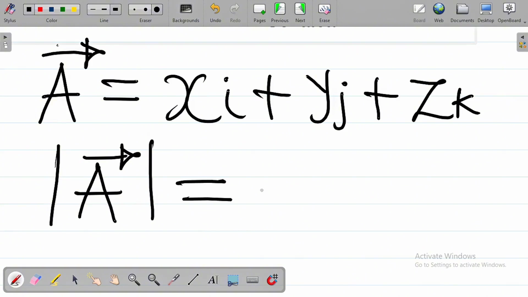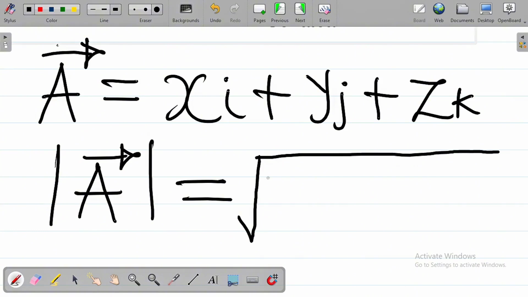It is equal to, so if we apply Pythagoras theorem here, you have to square the coefficient of i, add it to the square of the coefficient of j, and add it to the square of the coefficient of k.